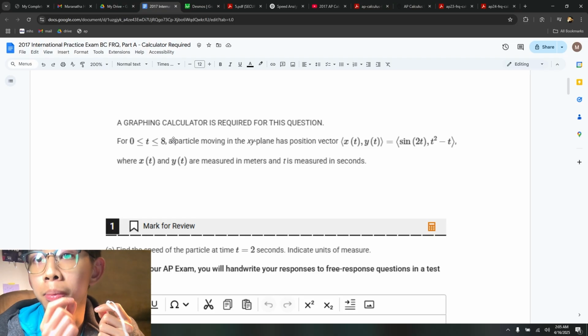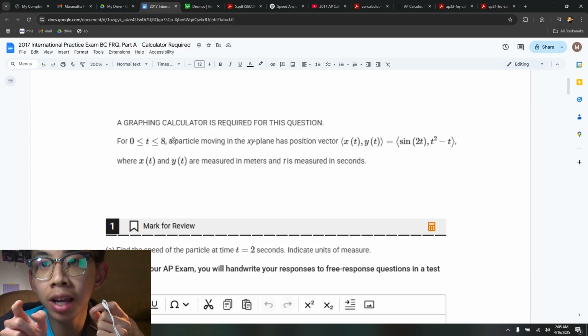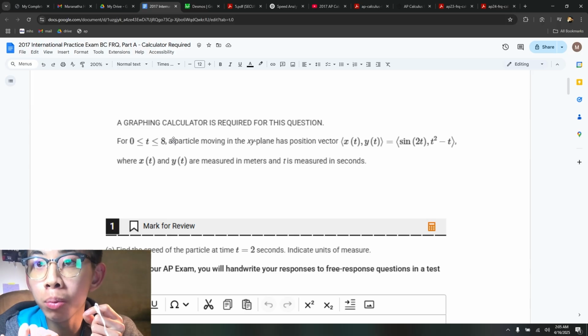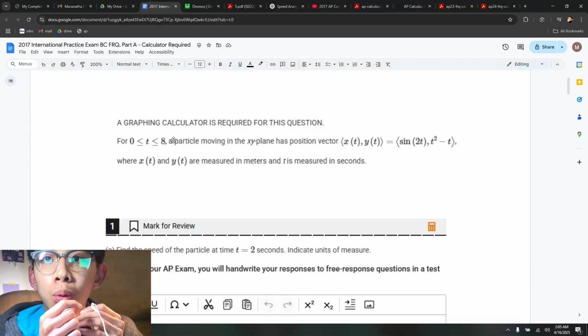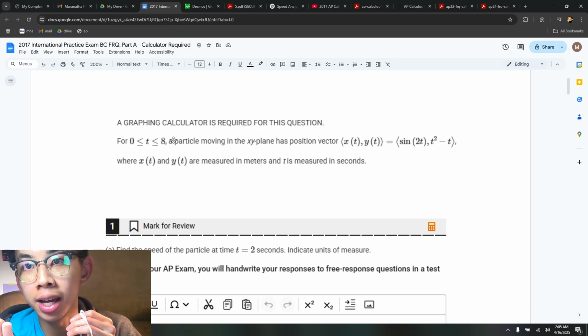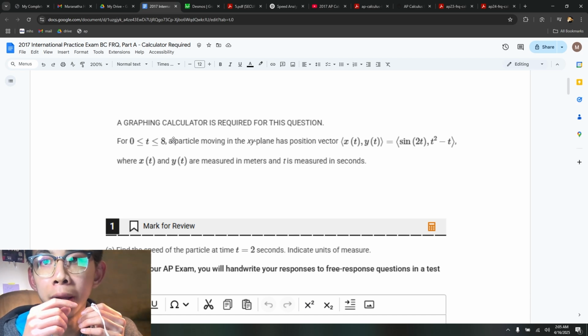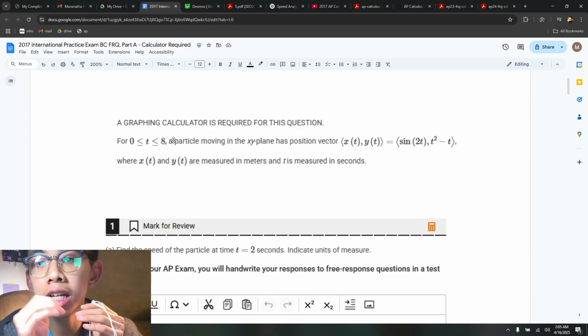So parametric functions are just an x function and a y function dependent on time. Normally in a y equals mx plus b equation, y depends on x, right? In these parametric equations, x depends on another variable, t. Y depends on another variable, t.